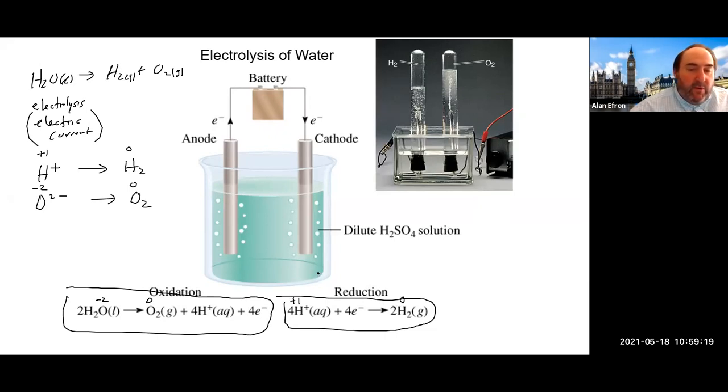Now, when we deal with water going through electrolysis, sometimes in problems, they won't necessarily say it's electrolysis of water. They will mention something like you did it in a dilute hydrochloric acid solution or some type of acidic water.